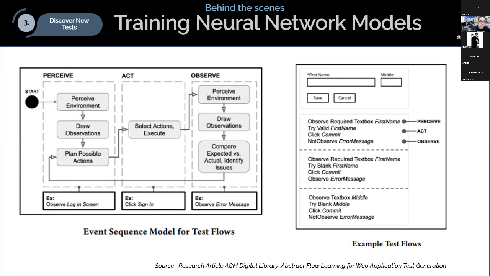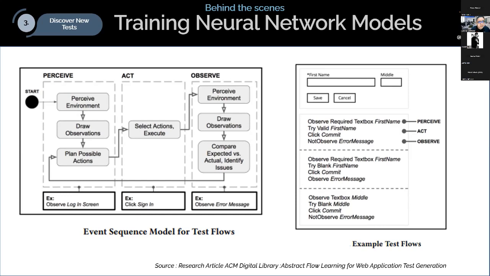If you see the example on the right, where I'm talking about first name, middle name, right? Entering data. The neural network model perceives that there are two text boxes, and then it acts, saying, okay, let's try a valid first name, and maybe just click on save, and then you observe an error message because maybe the middle name is missing or blank, right?